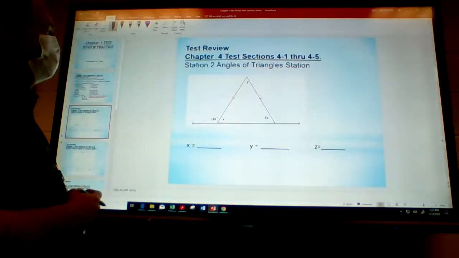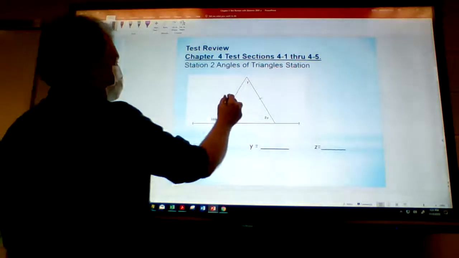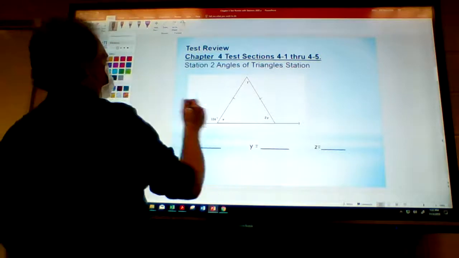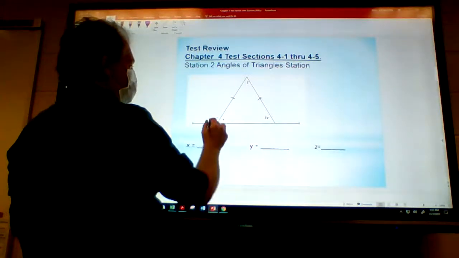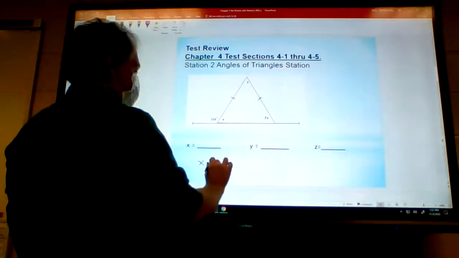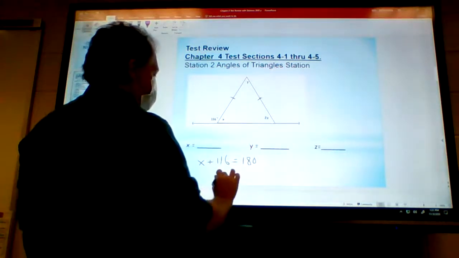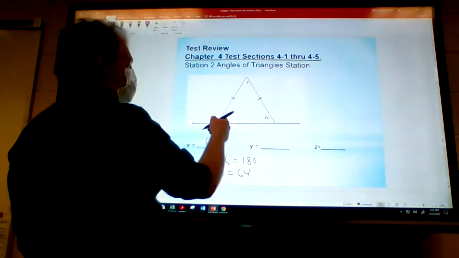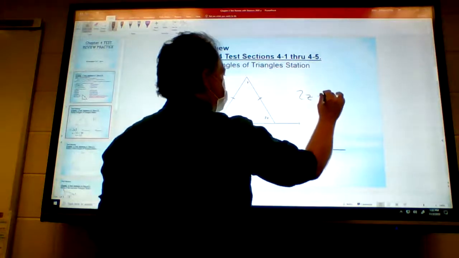Okay, now, let's look at the following. We have ourselves a triangle. It's isosceles because we have 2 sides that are congruent. Now, here's what we know. We know that x plus 116 equals 180. So that means that x has to equal 64. Now, because these 2 angles are congruent, then that means that 2z equals x.